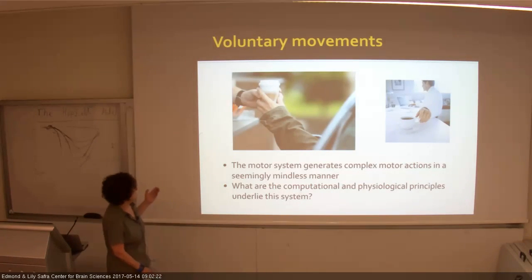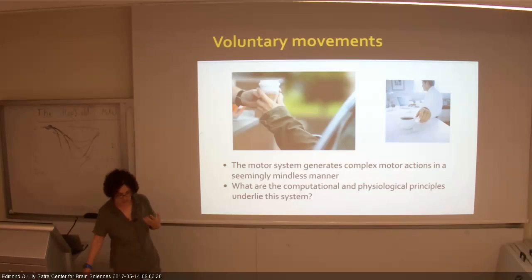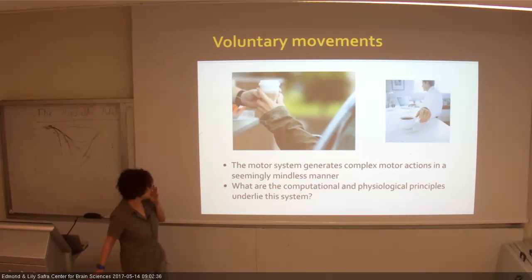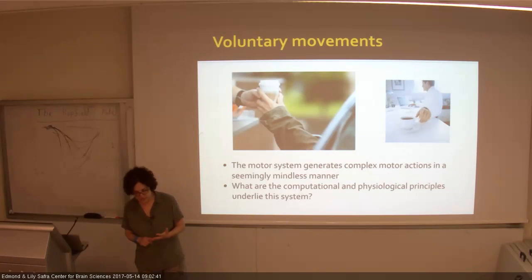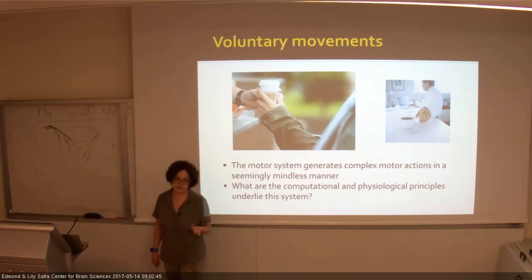However, some of these actions can be very complex and evolved. Nevertheless, we know very little about the computational and physiological principles that underlie this system, the system that actually allows us to reach and grasp in a very fast and precise manner. And this is really what we are trying to understand.